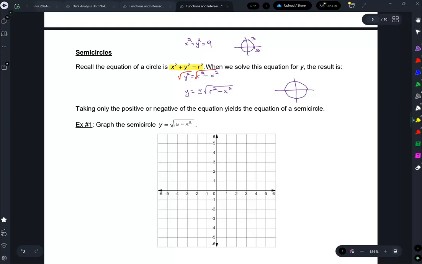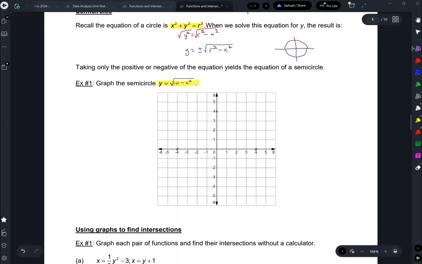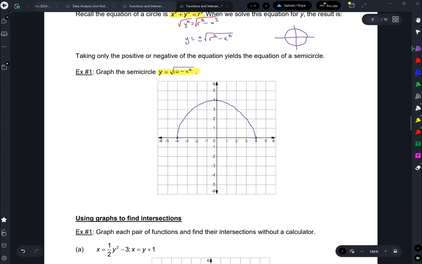So if I see the square root of 16 minus x squared, I know that's a semicircle with a radius of 4. And because it's positive, it's above the x-axis. That will look like this. A semicircle with a radius of 4.